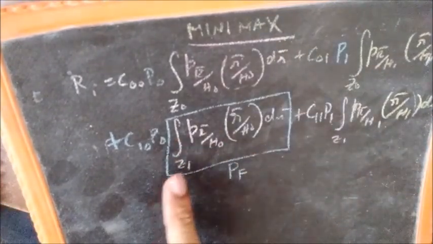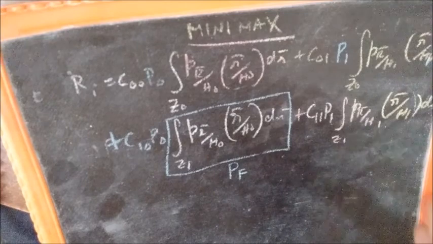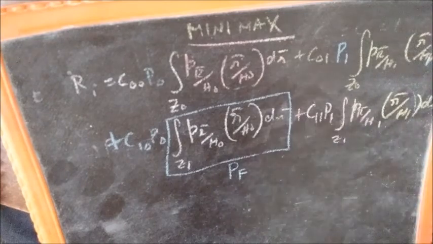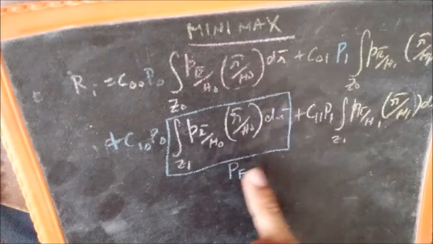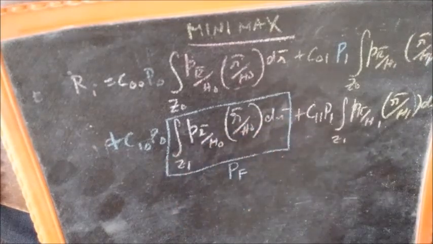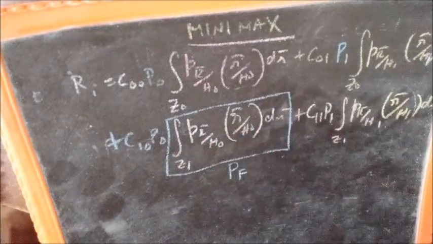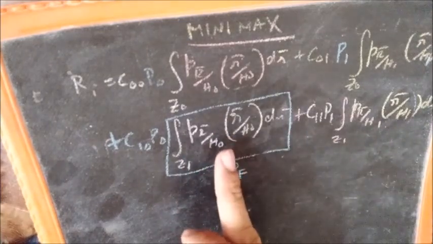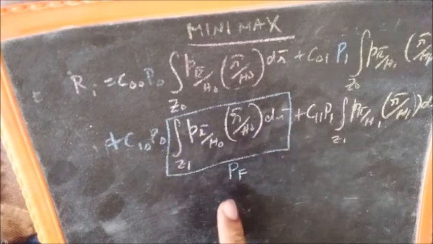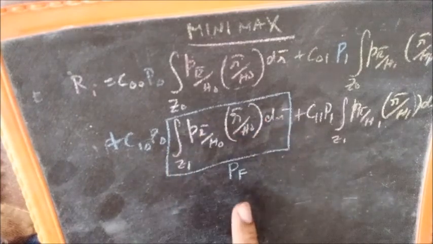If you see, you are integrating it in the region designated for H1 in the observation space. So you are basically finding the probability of the received random vector landing in that region when H0 was the true hypothesis. And whenever you land in that region, you declare H1 is the true hypothesis, and hence this is the probability of a false alarm.